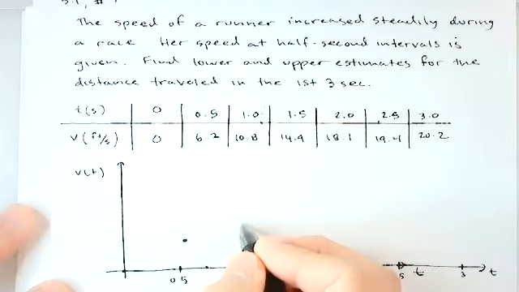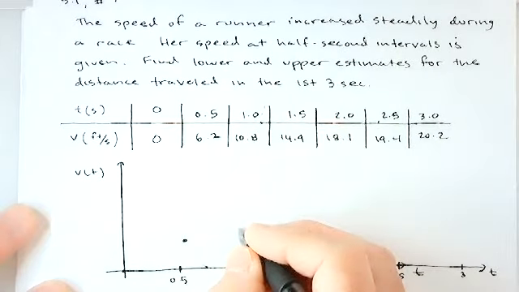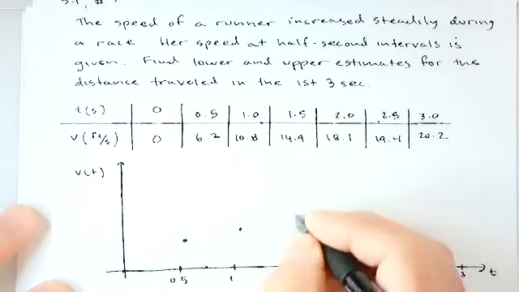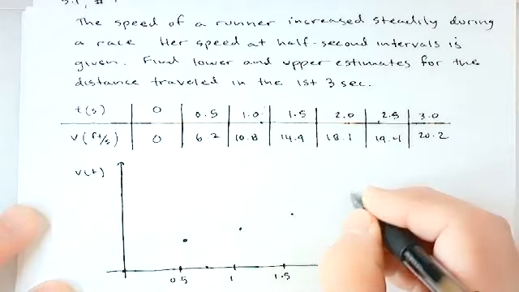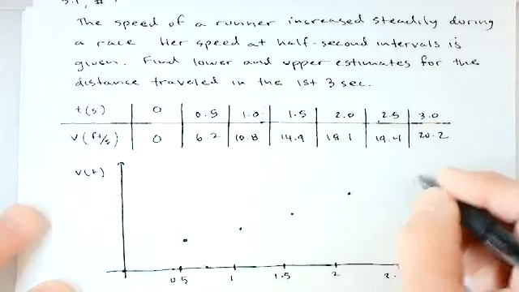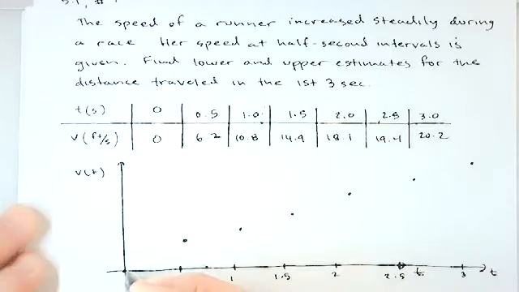We're told that the speed of the runner is steadily increasing, and that's actually useful because we don't know what's happening in between.